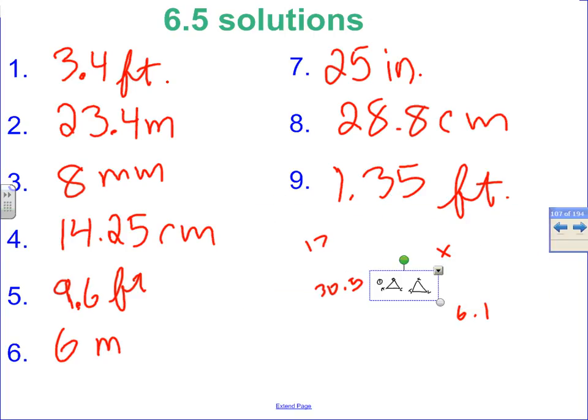They didn't specify inches or feet, so that's fine. The only reason I changed it to feet is when you're talking about height of a person. Typically, we talk about it in feet, but no, that's fine. Yeah, good point there, Mary. That's what Sean just said.